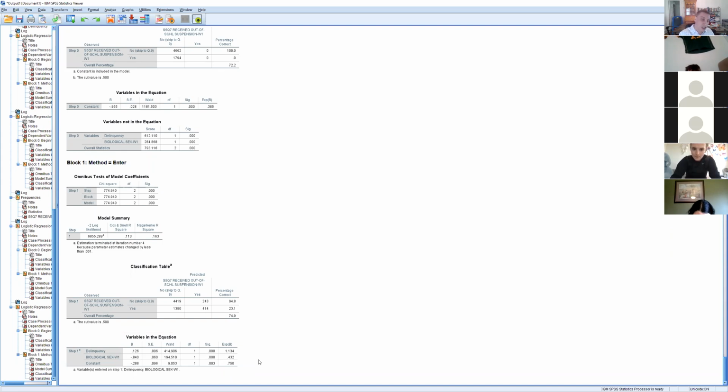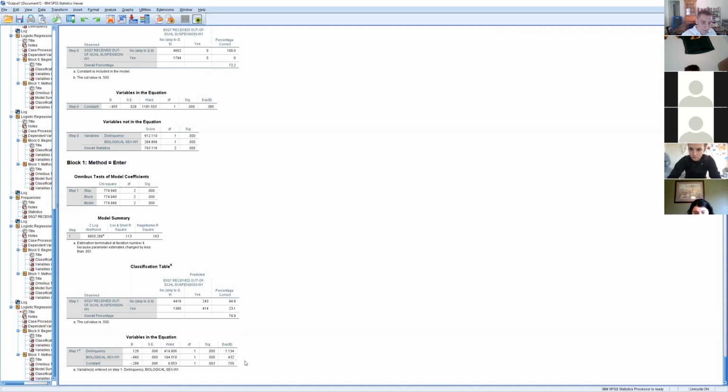So the interpretation is very similar to what we did in linear regression, except you're interpreting it in terms of the impact on the odds, and you can do that after you have exponentiated these betas. But SPSS does it for you already over here in this column.